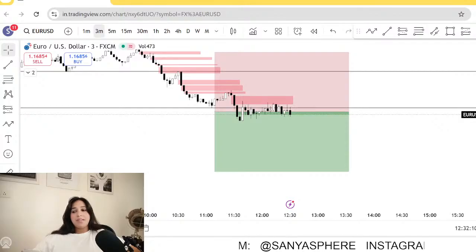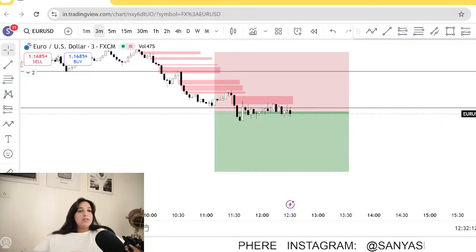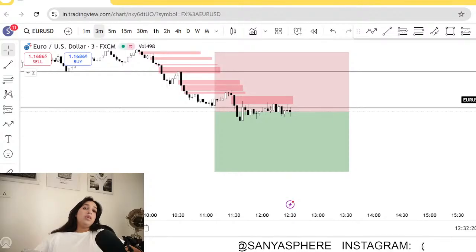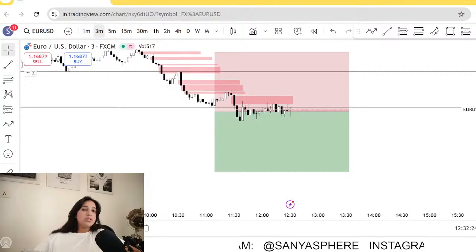I feel the best entry model in ICT for me would be the fair value gap, the one that we used in the silver bullet and the kill zone time, and the macros that it uses, and the first presented FVG. I would say it's the best setup.